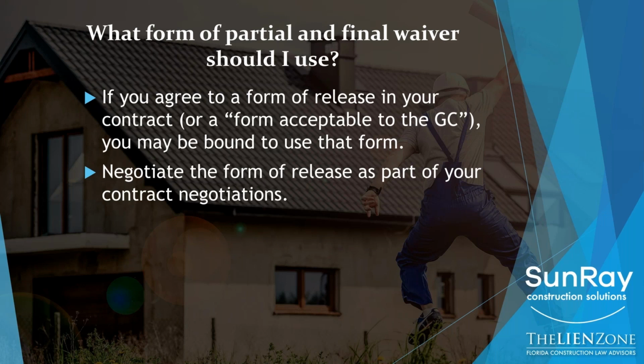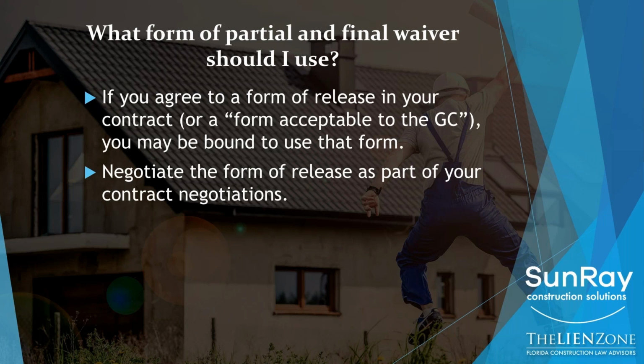The other way that general contractors or owners get you to sign releases that you may not want to once you actually have to pick up a check is they use words in the contract like, you agree to use the form of release that is deemed acceptable by the general contractor or the owner. So if it attaches a form of release, you need to review it.